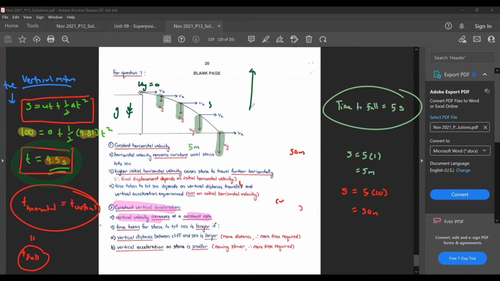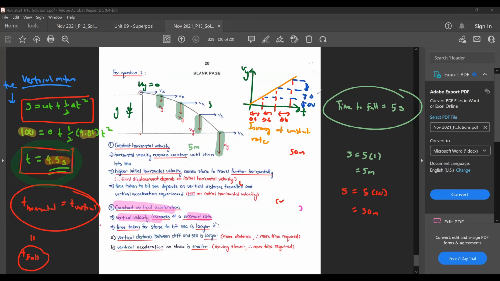Constant rate would mean something like this. Vy versus t is a straight line. Like this. This is what we mean by increasing at constant rate. Because you see, if you try to divide it into equal intervals, this delta t, and this delta t, your change in velocity is the same.